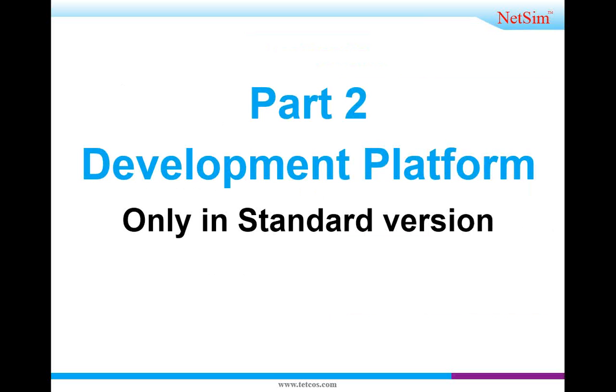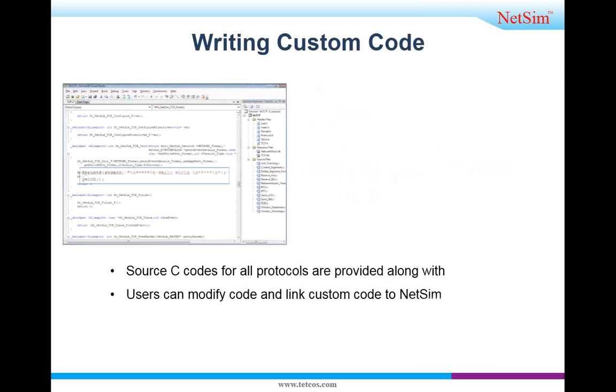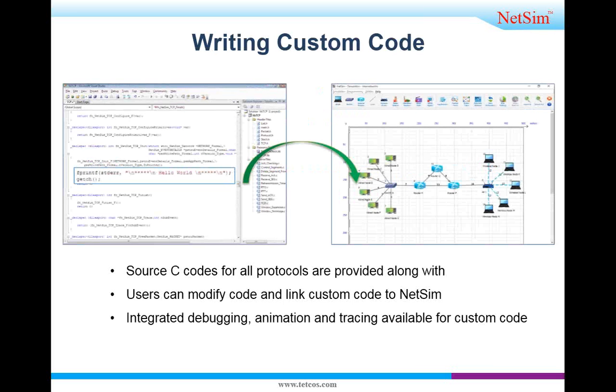Now part 2 of the simulation. Here it is the development platform, which is available in the standard version only. Here we can write custom code. You can see two types of screenshots here: one is in the programming portion, one is in the GUI. In the programming portion there is a statement, hello world, printed here.